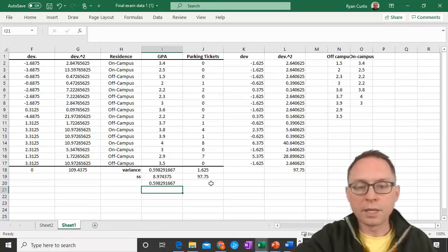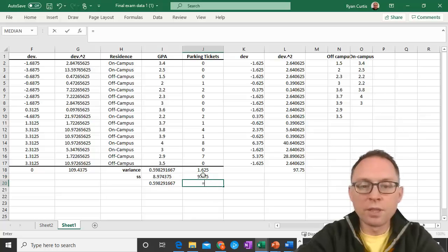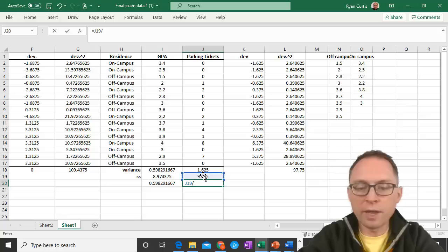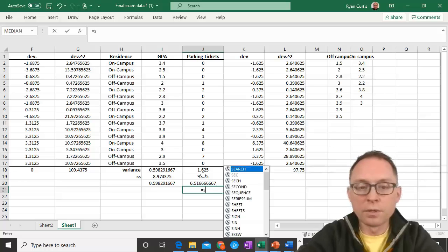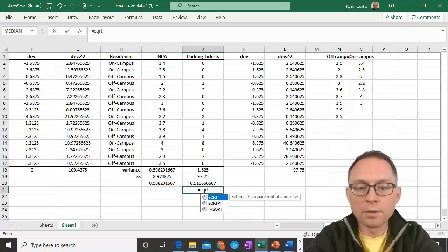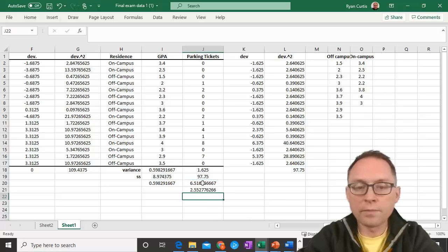So for parking tickets, I know that my mean is 1.625, okay? I know that my sum of squares is going to be 97.75. That means my variance is going to be this sum of squares divided by n minus 1. N minus 1 is 15. Okay, and the square root of the variance is the standard deviation. So equals square root of that.